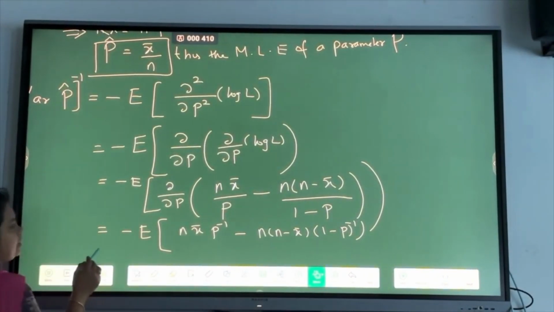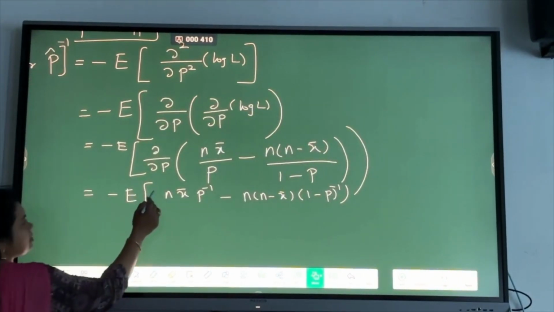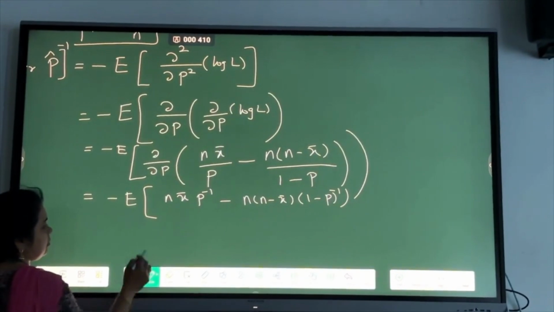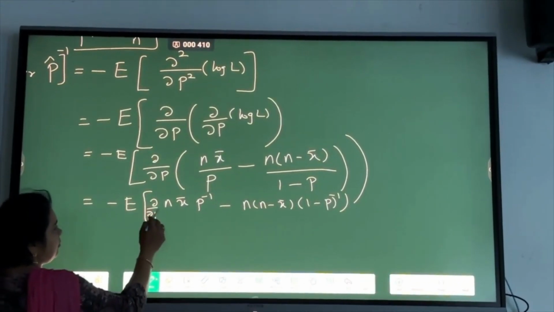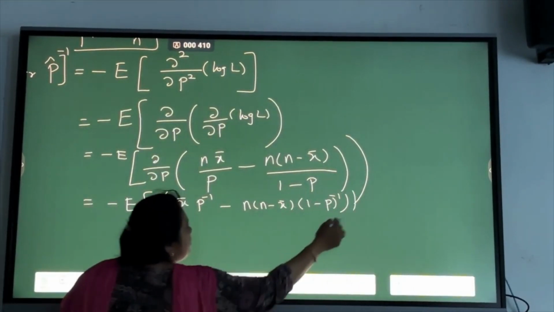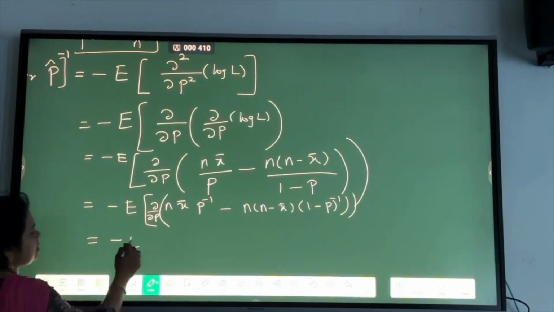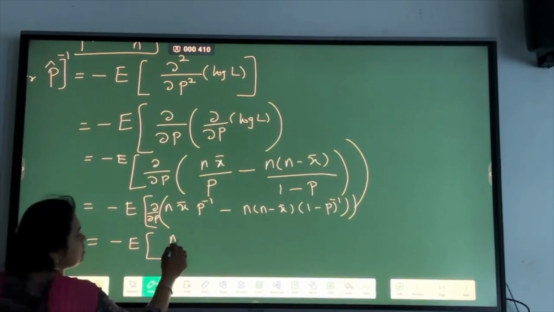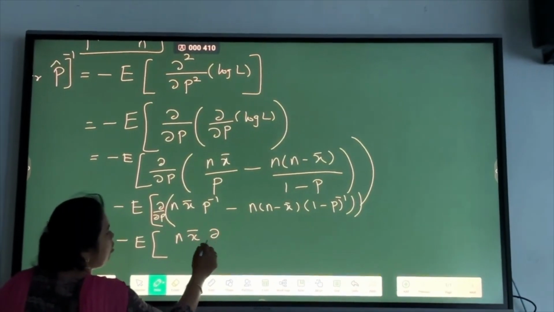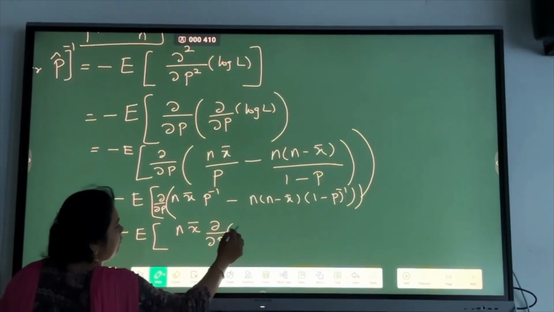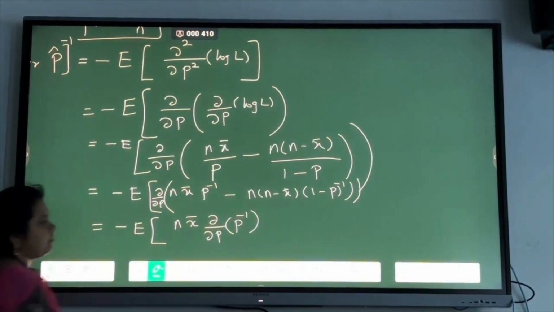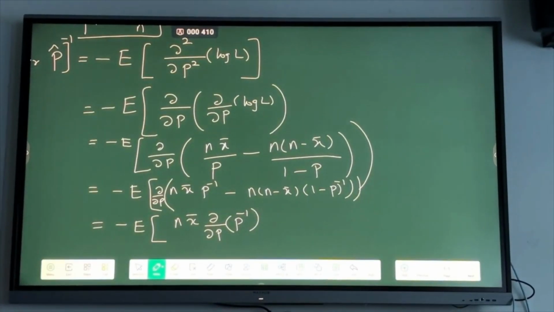Once you differentiate dou by dou P, what is your answer? N x bar dou by dou P of P inverse, correct?